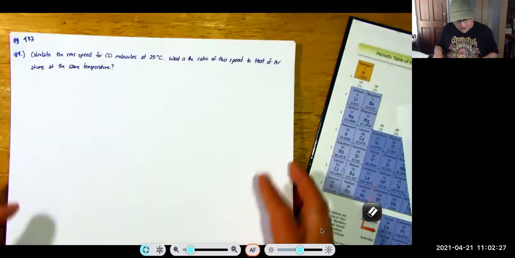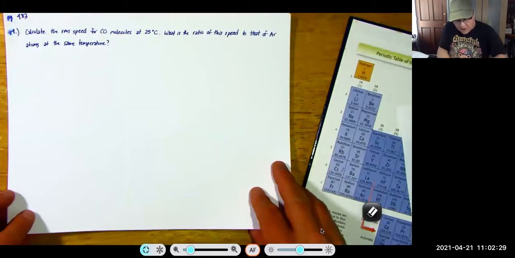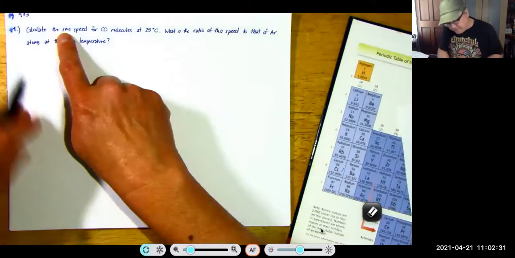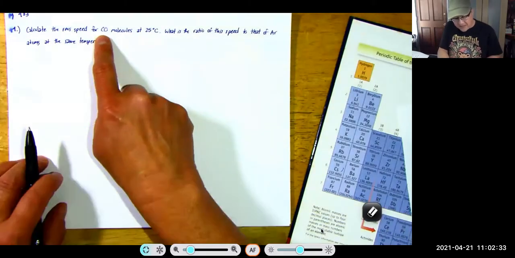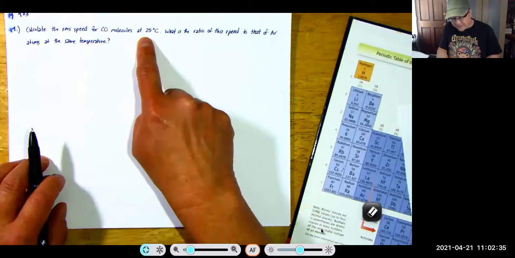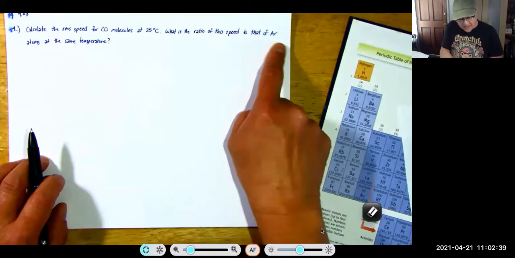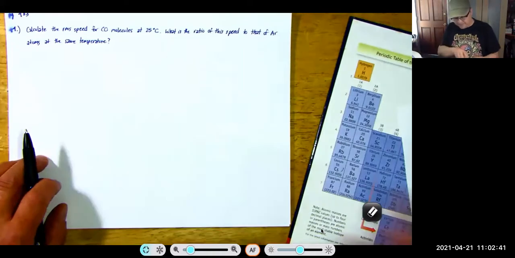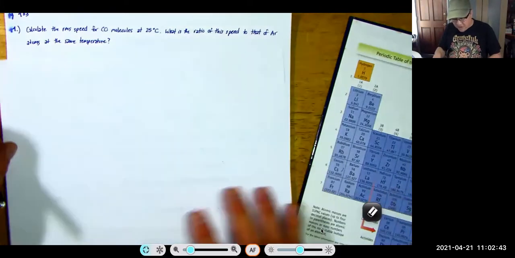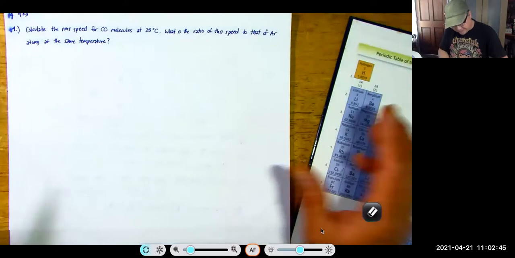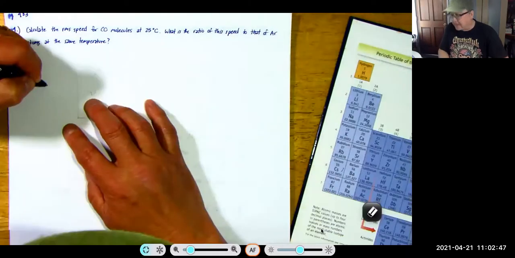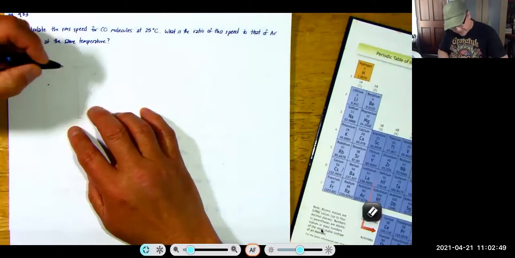Okay, so calculate the RMS speed for carbon monoxide molecules at 25 degrees Celsius. What is the ratio of this speed to that of argon atoms at the same temperature? So you need to know how to calculate RMS speed. And let's see, it looks like this.